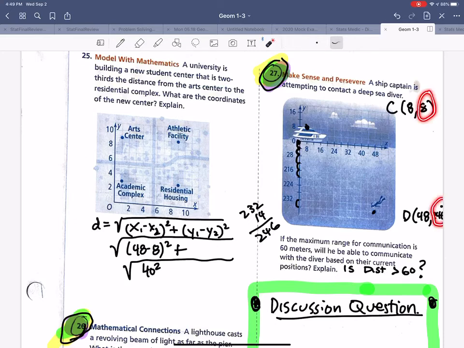So 8 and 246. I get negative 238. Now notice when I square it, whether I took 8 minus 246 or 246 minus 8, I was going to get a positive or negative, and then I'm just going to multiply it by itself. So it's going to turn it positive anyway.